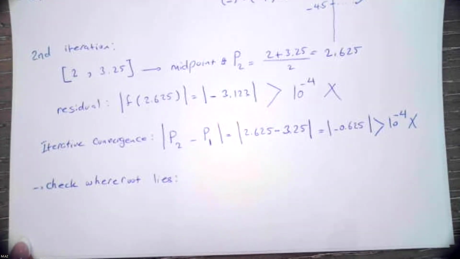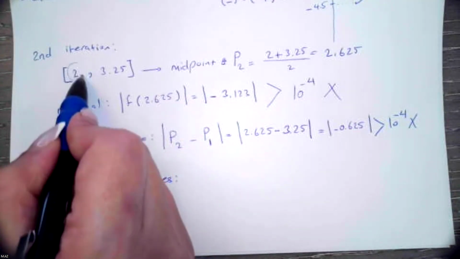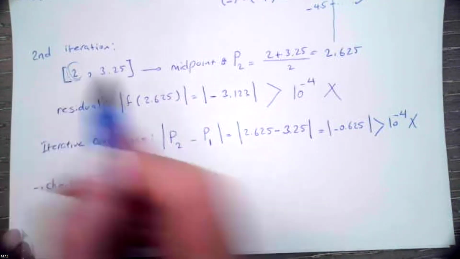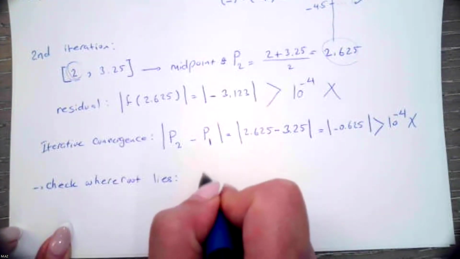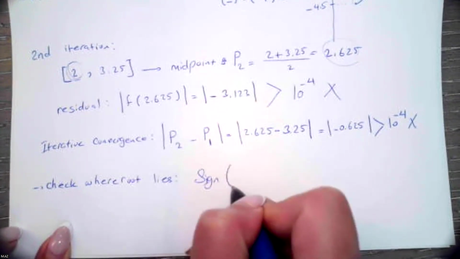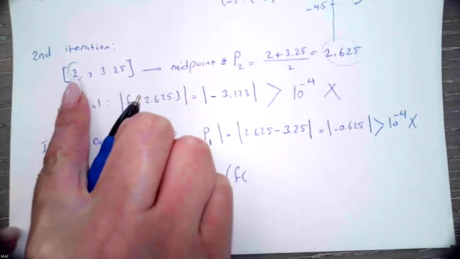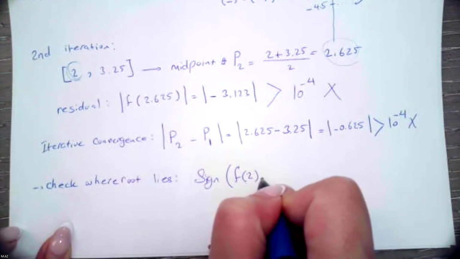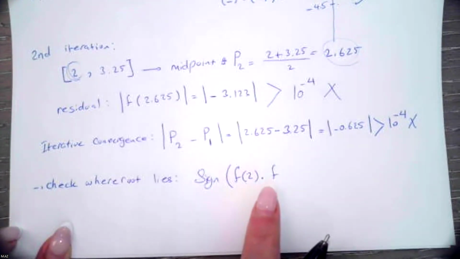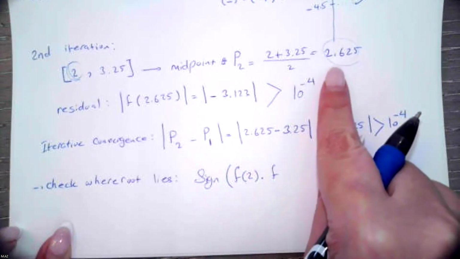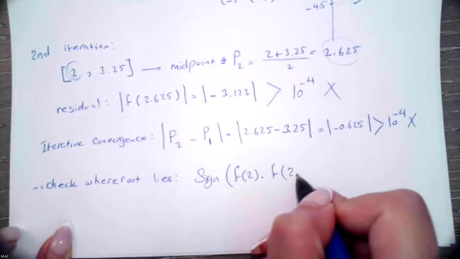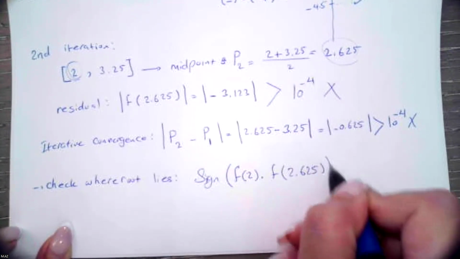Again, we apply the signum function between A and this midpoint. The A for this problem is 2, and the midpoint for the second interval is 2.625.